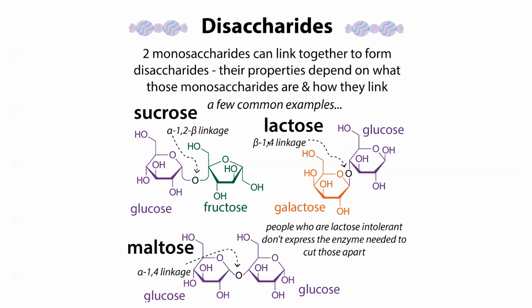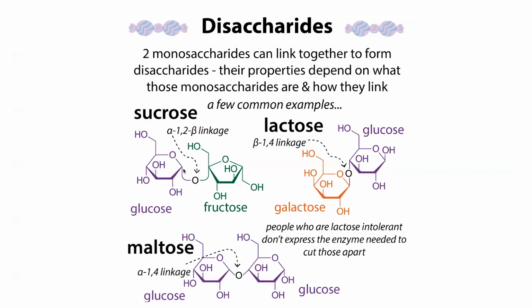So a couple of common disaccharides are sucrose. This is just like table sugar. It's got a glucose and a fructose attached in this alpha 1,2 beta linkage. So don't worry about the nomenclature, but remember that alpha or beta is basically whether this group is sticking up or down, because when it ringifies, that last group can stick up or down.